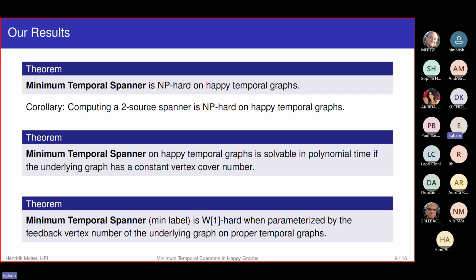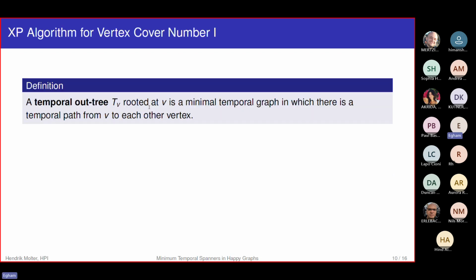What I want to do in the remaining time is show you how this XP algorithm works. I also have a backup slide on the NP-hardness reduction, but I'm almost sure I will not have time to talk about this. Okay, so this XP algorithm uses, in my opinion, very nice structural properties of temporal spanners that I want to introduce. And for that, I need to talk about temporal out-trees.